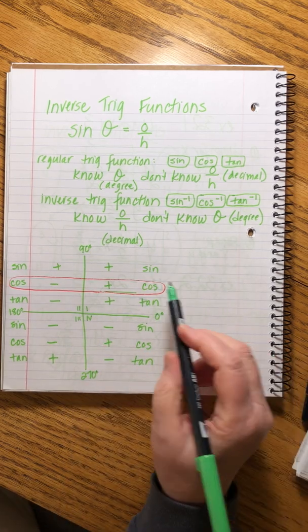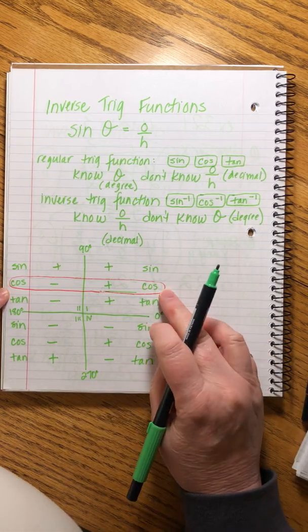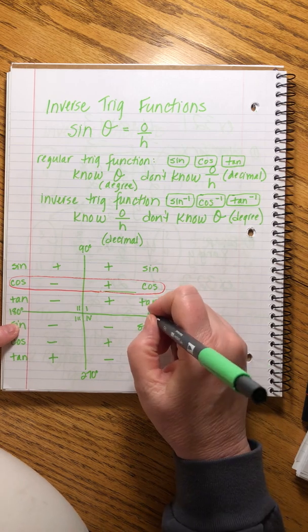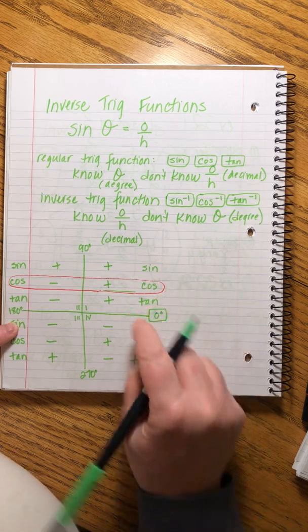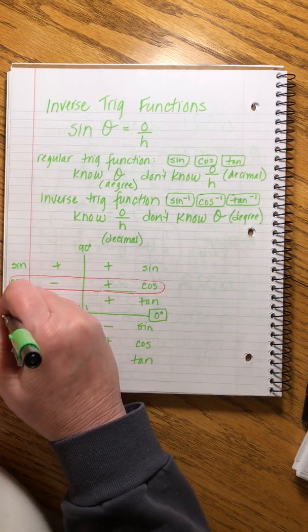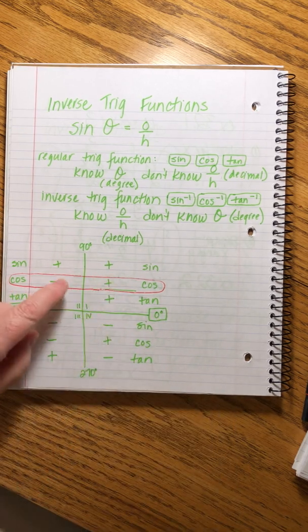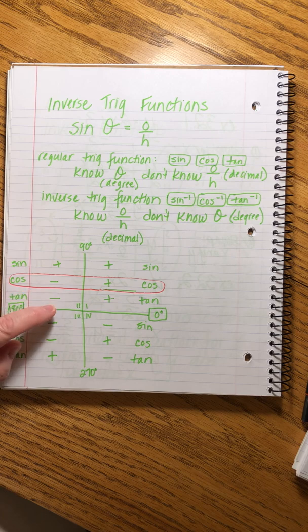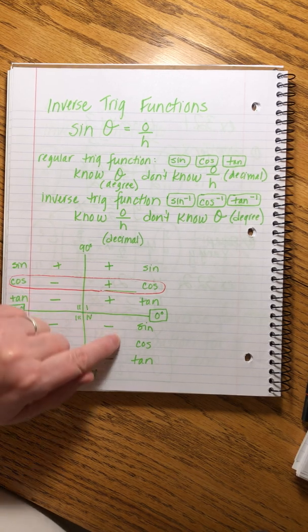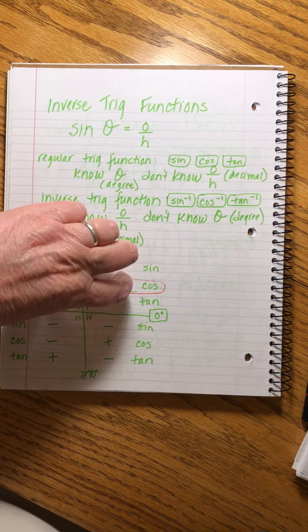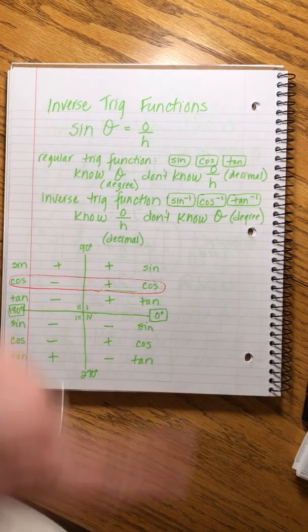What we're gonna say is for cosine, if we just pick angles that fall between 0 degrees and 180 degrees, then we'll get the full range of all the positive and negative cosine values. We don't have to allow angles down here because we would find them up here. And we don't have to allow for all the spins.